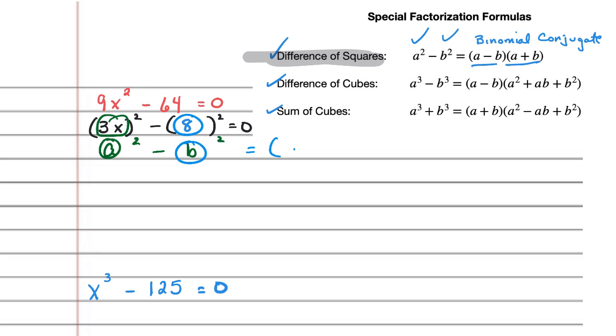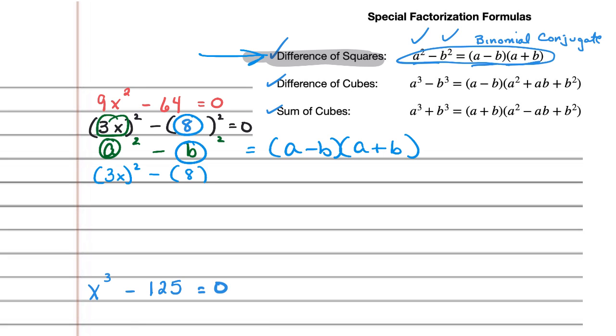The formula says a squared minus b squared is a minus b, a plus b. I'm just taking that from this line right here. And so I'm rewriting it just so we can make it really nice and complete. So my factorization is 3x minus 8, my a minus my b, and my 3x plus 8.